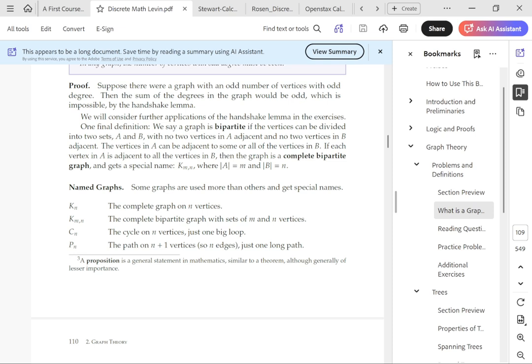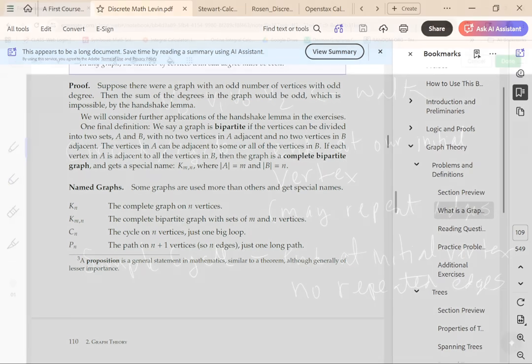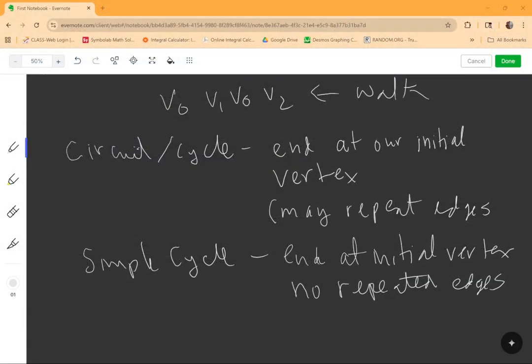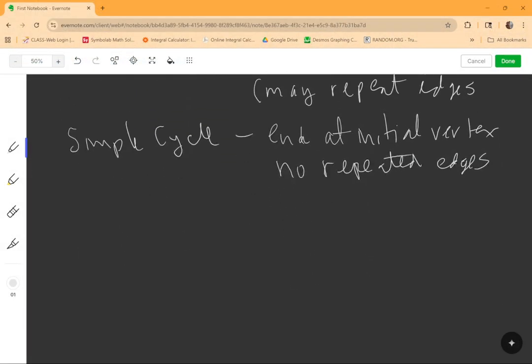Let's illustrate this with an example. Let's say we had a graph where I have vertices 1, 2, and vertices A, B, C. Let's say the graph looks like this.